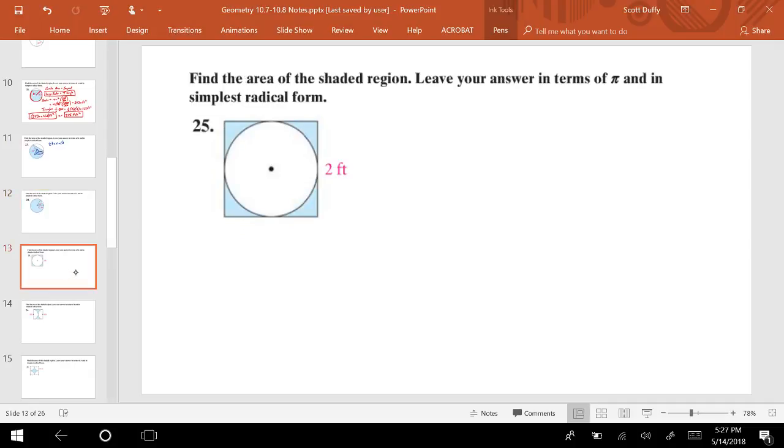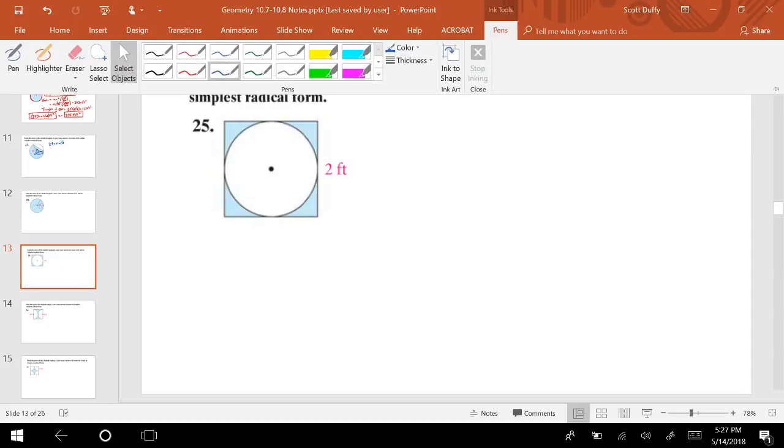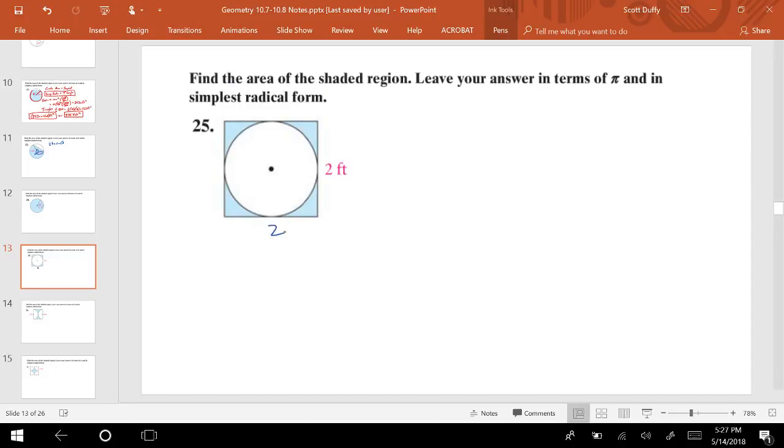25. Find the area of the shaded region. Leave your answer in terms of pi and in simplest radical form. So what we see is a square with a side length of 2, which means that this side length is also 2, which means that the area of the square equals 2 times 2, multiply the side lengths, equals 4 square feet.